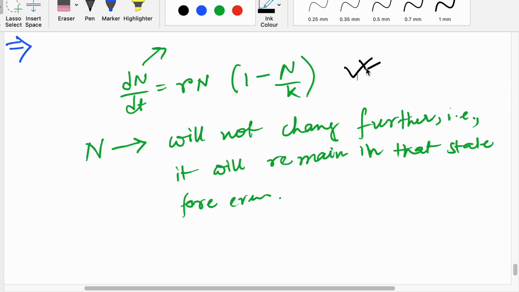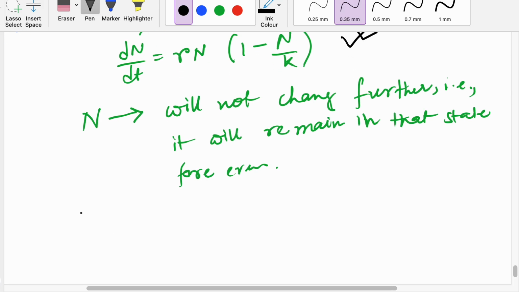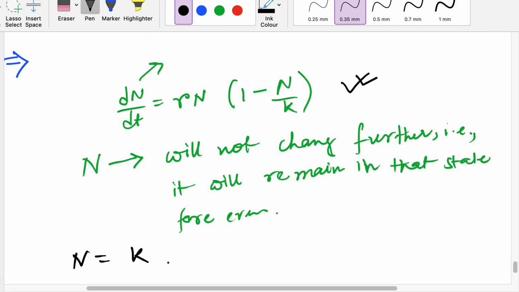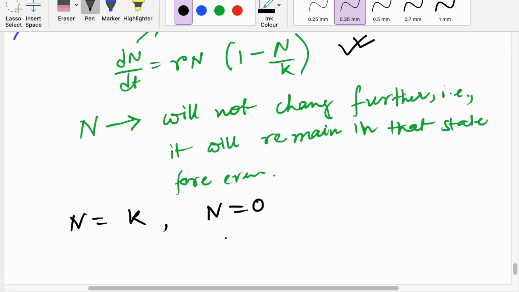What are the values of those two N? Right. So this makes sense. N equal to 0 actually makes sense. Both are correct.